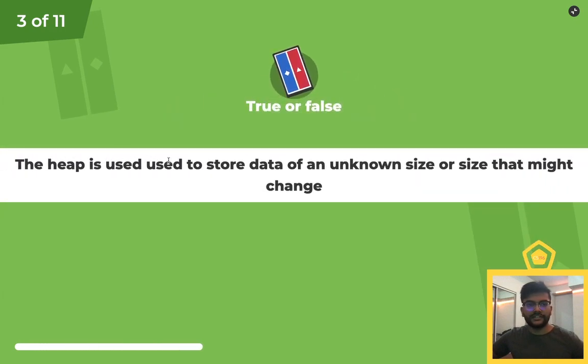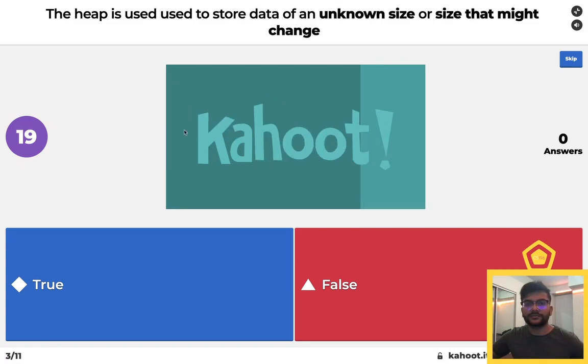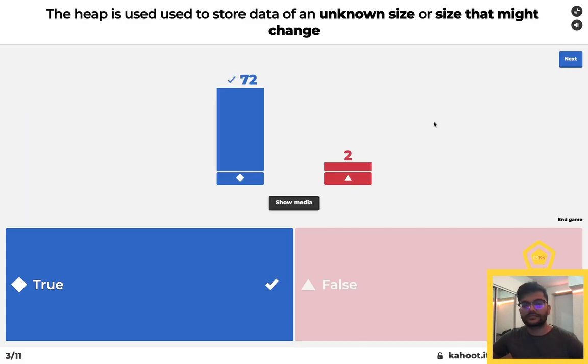Another true or false: the heap is used to store data of an unknown size or size that might change. This is lecture 2 stuff. Good job.